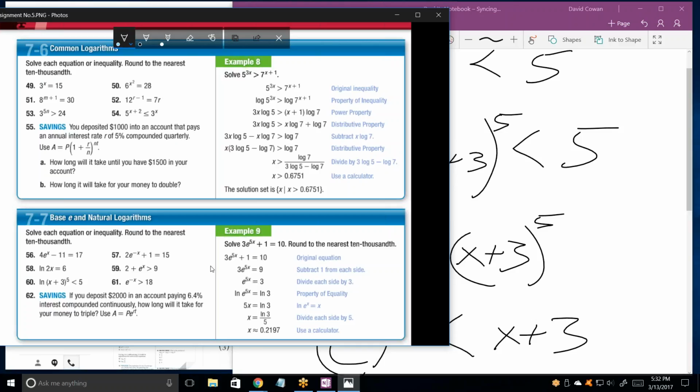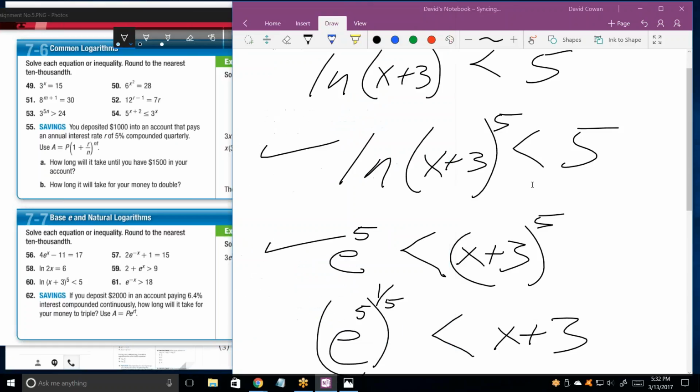They do an inequality up here, and they appear to treat it exactly like an equation. So for purposes of your test, treat inequalities just like equations.